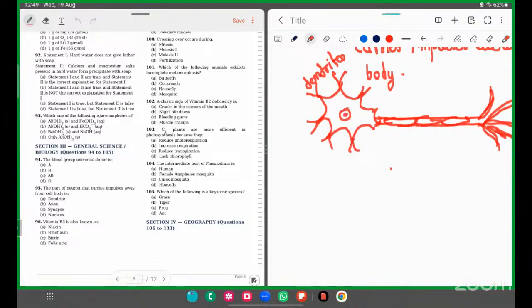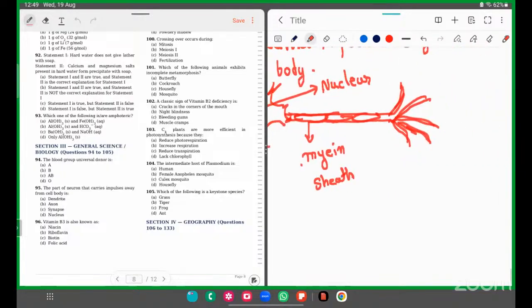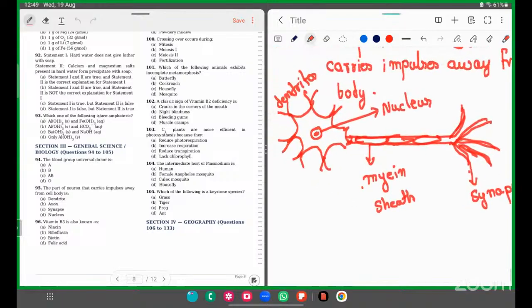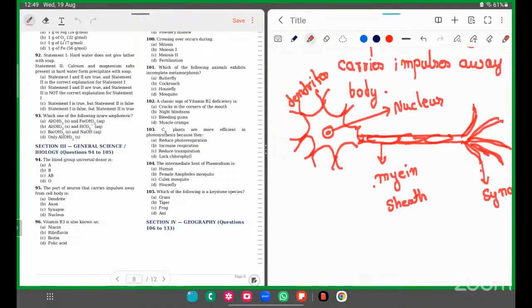Here is the nucleus, another one the myelin sheath, this is called the synapse, and these are called the axon.